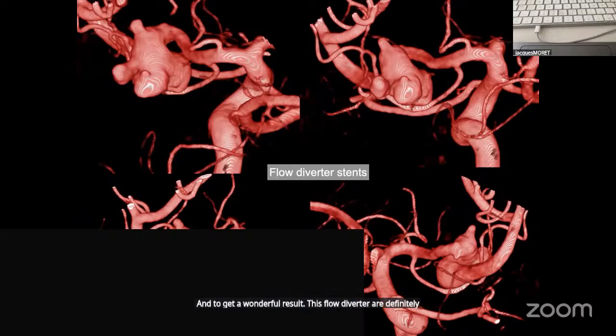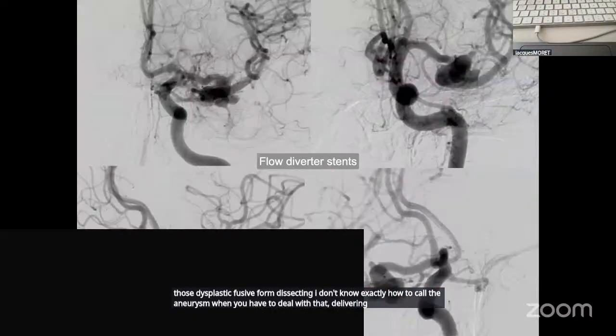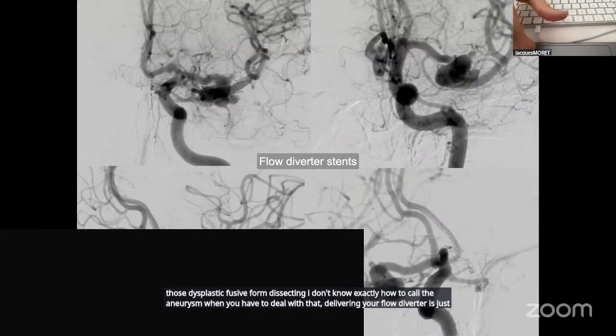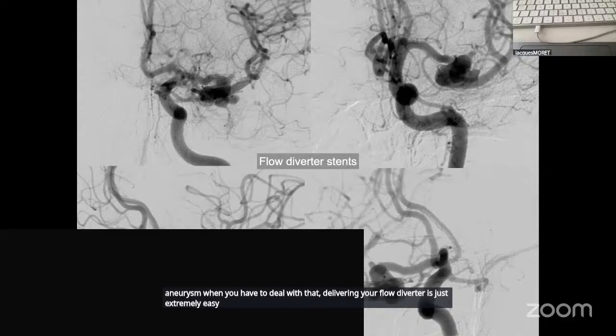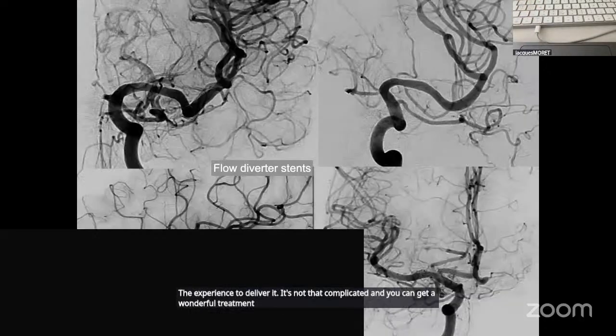All those dysplastic, fusiform, dissecting, I don't know exactly how to call the aneurysm. When you have to deal with that, delivering a flow diverter is just extremely easy as far as you have the experience to deliver it. It's not that complicated, and you can get a wonderful treatment of this aneurysm. This is a few months later.